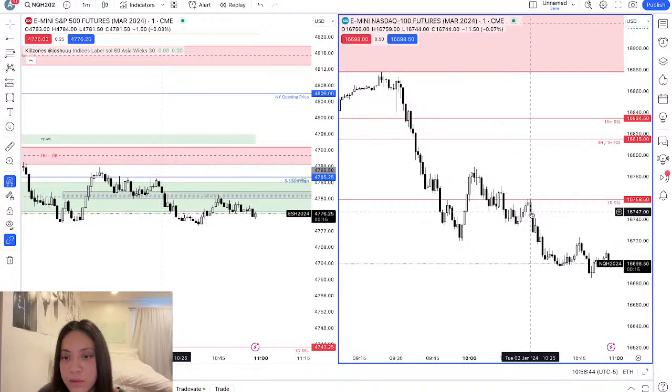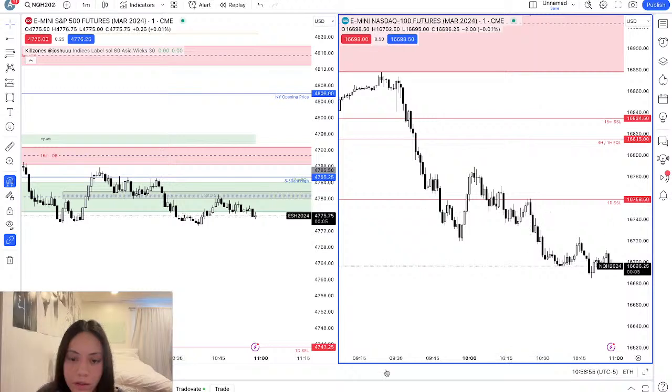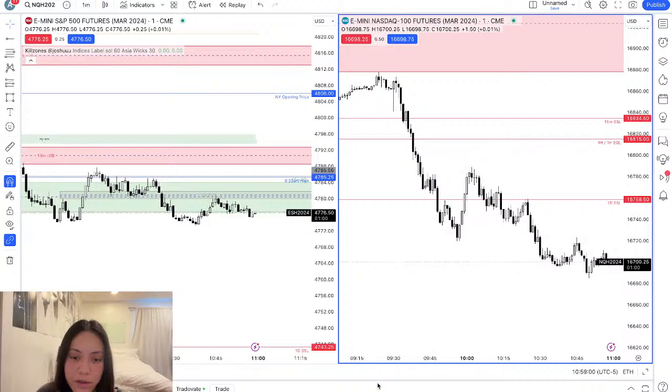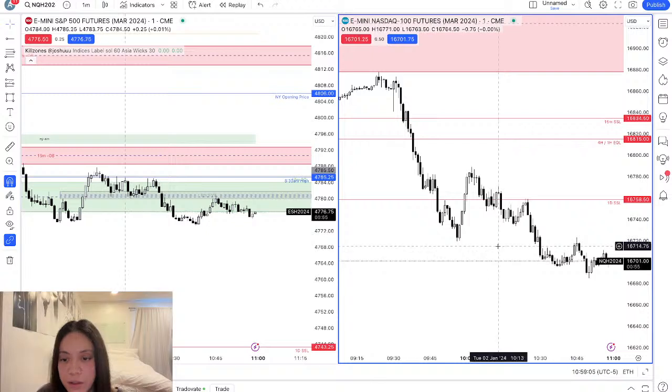Oh, was it this one here? At 10:24 or 10:14? 10:14, 1 minute fair value gap. Oh yeah, this one here. Yeah, so you probably entered here or here.